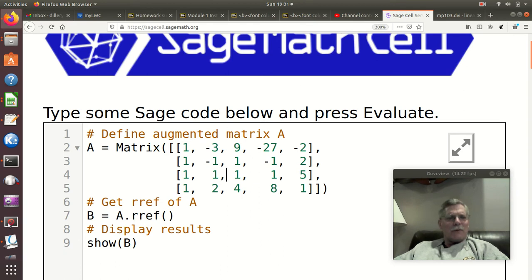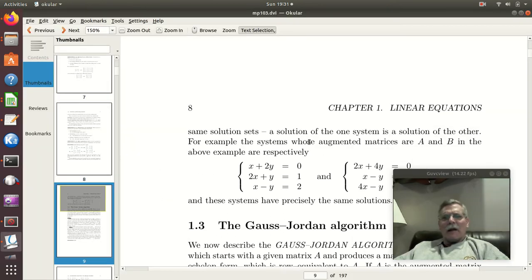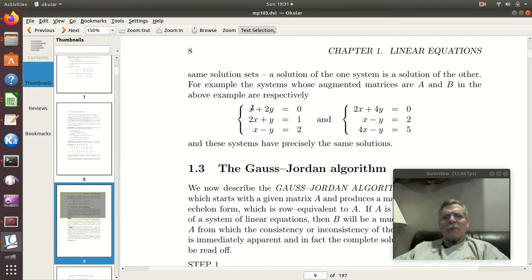So for instance, if I'm looking at something like this problem here, and I go through the reduction process, it's not going to see my numbers as an X column, a Y column, and then the right hand side column. It's just going to see it as a 3 by 3 set of numbers.